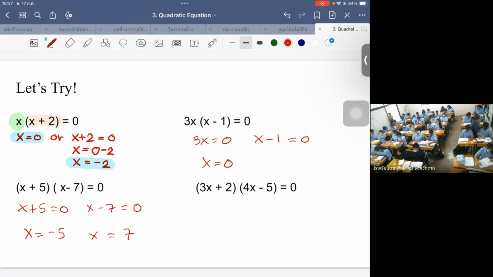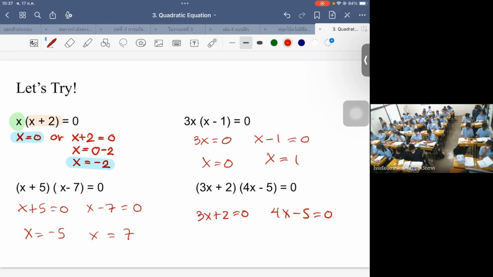And then the second one, we have x minus 1. Transpose the negative 1 to become positive 1. Alright? Who got the correct answer? Alright, next is 3x plus 2 is equal to 0. 4x minus 5 is equal to 0.